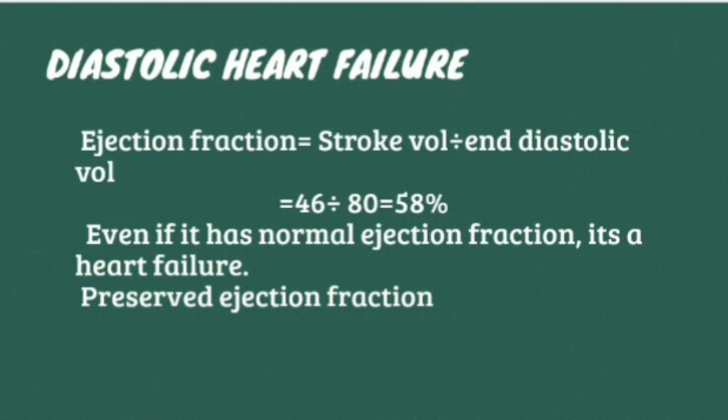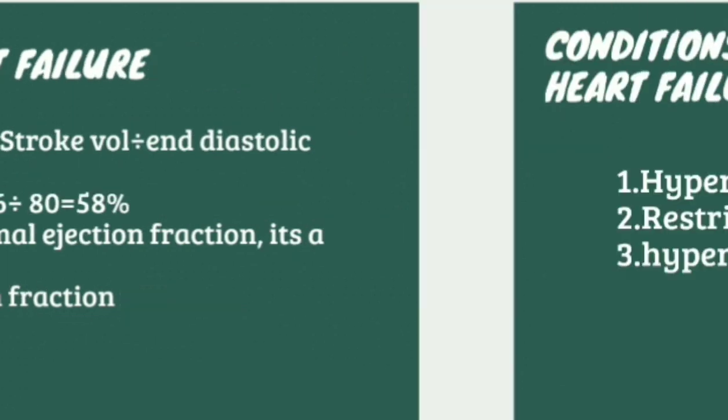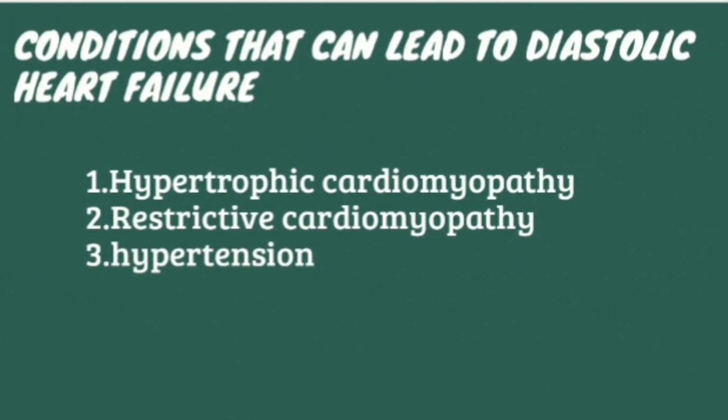Let's see some conditions that can lead to diastolic heart failure. First one, hypertrophic cardiomyopathy. Here the heart muscle grows thicker than usual, leaving less space for blood filling. Second one is restrictive cardiomyopathy. Here the heart muscle becomes rigid, unable to stretch, and affects the filling of the left ventricle.